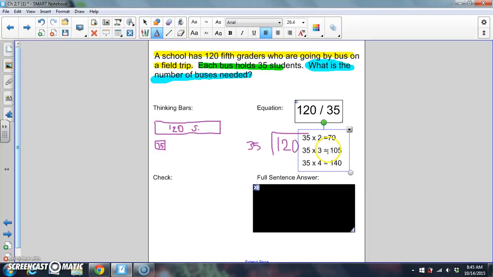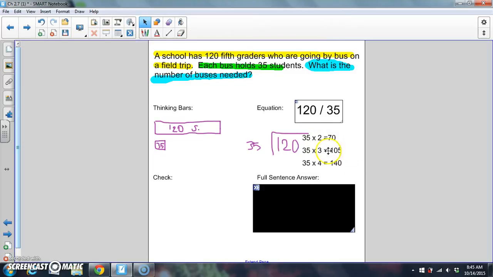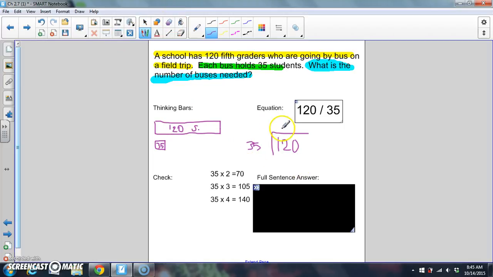Okay, so I have some references right here that move down to the side just so that I can continue with my division. So 35 will go into 120 three times, and that again is 105.